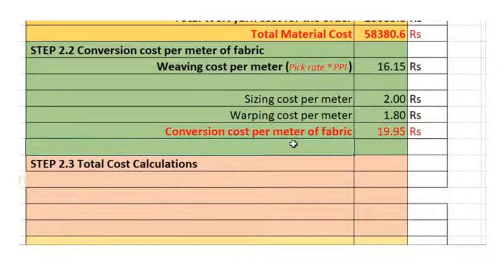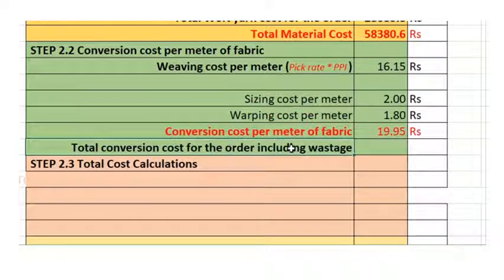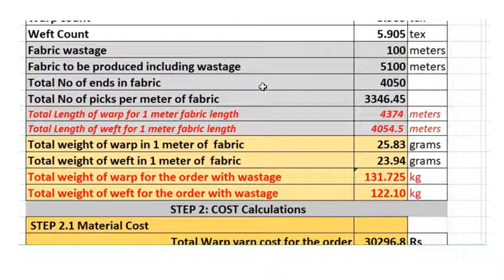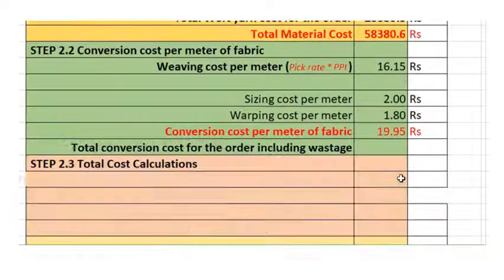So the conversion cost for the order, including wastage, because all these are to be produced with the wastage: 19.95 into the quantity along with wastage, which is 5,100 meters. 5,100 into 19.95, so we get a value of 1,01,745 rupees. So this is the conversion cost for this order.